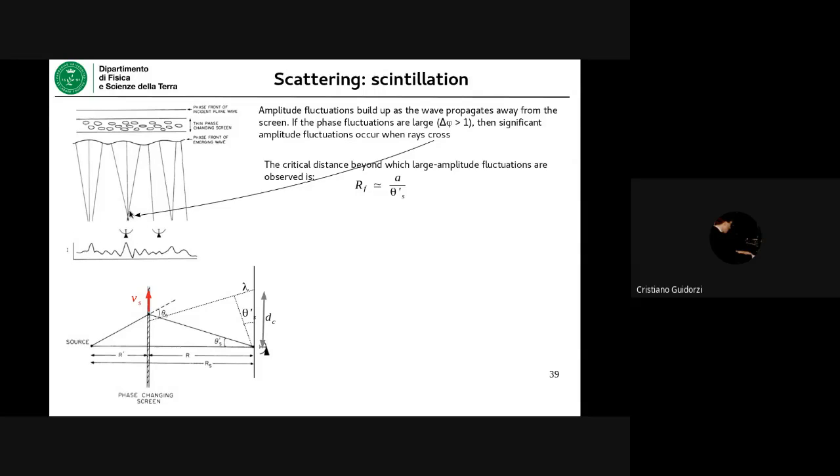The resulting electric field that you measure can vary as a consequence. So it's diffraction. If you calculate, for example, the flux as a function of the position along this plane, what you get is the so-called diffraction pattern.